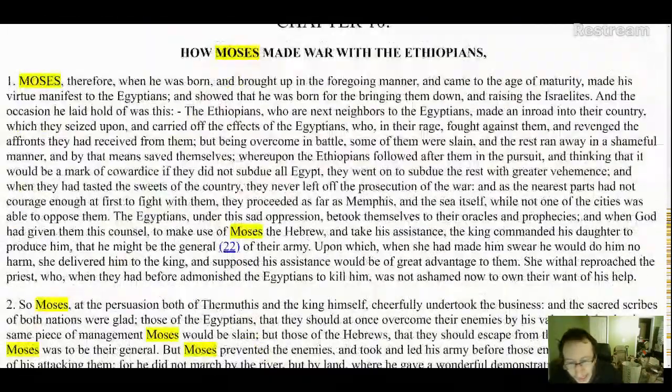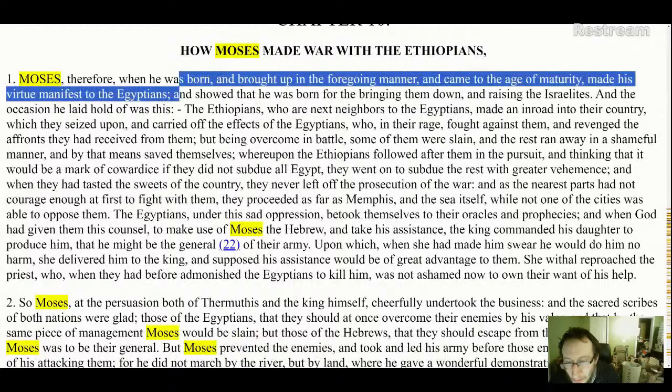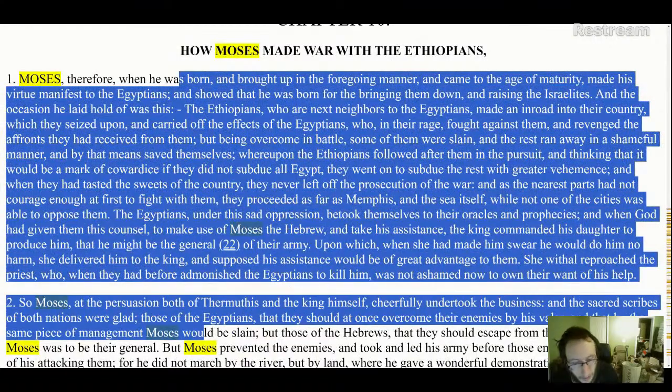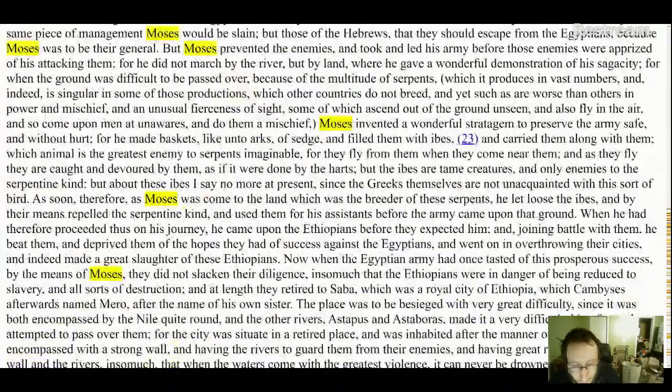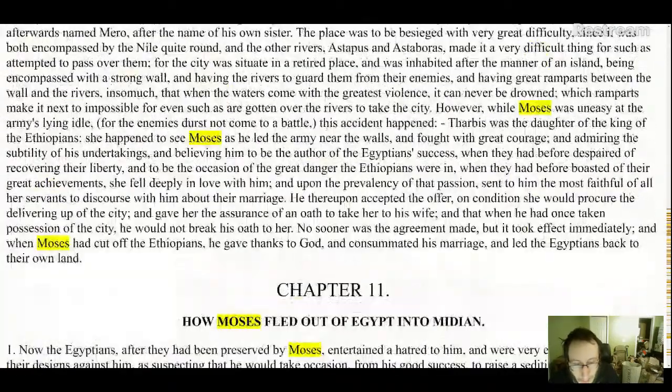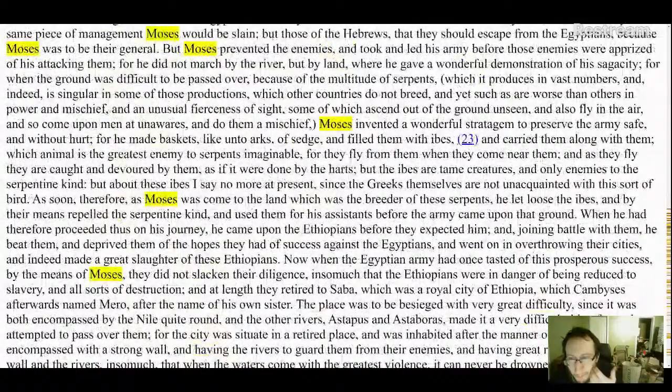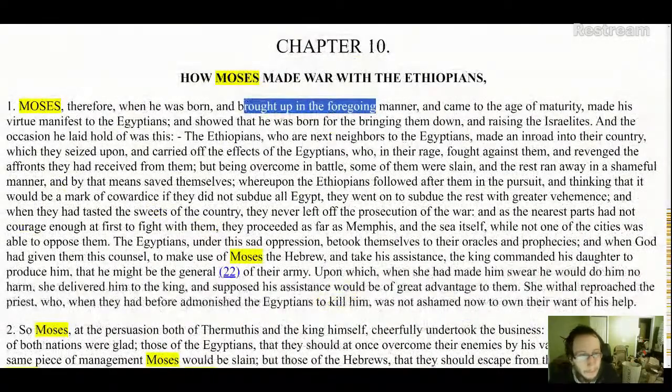And then Josephus gives this lengthy account found nowhere in our copies. The account is of how Moses fought a war with the Ethiopians on behalf of Egypt. Moses fought for Egypt.